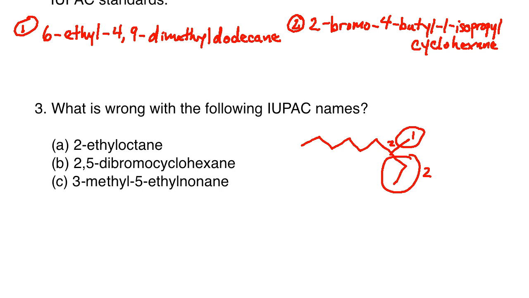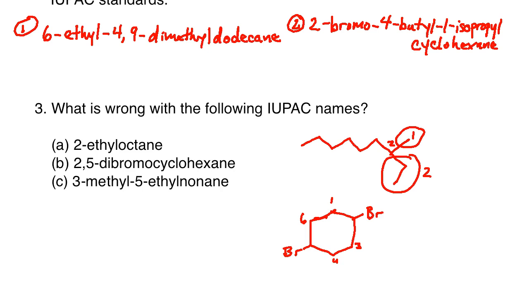Now, B, we have cyclohexane, and we have 2,5-dibromo. So 1, 2 has a bromine, 3, 4, 5. And then here's 6. So what's the problem with this?